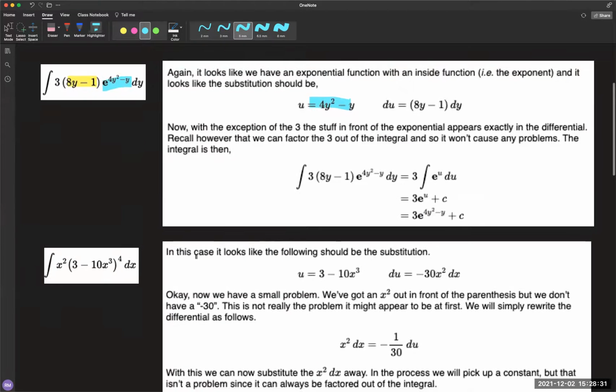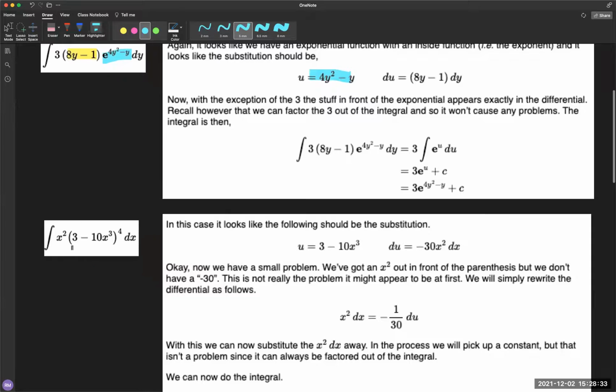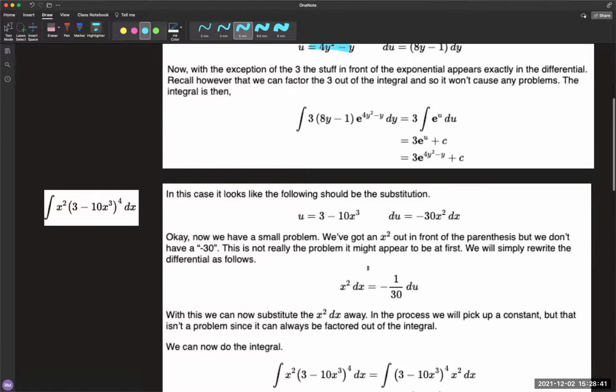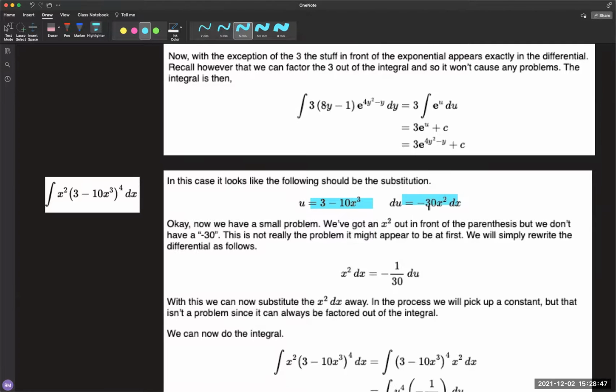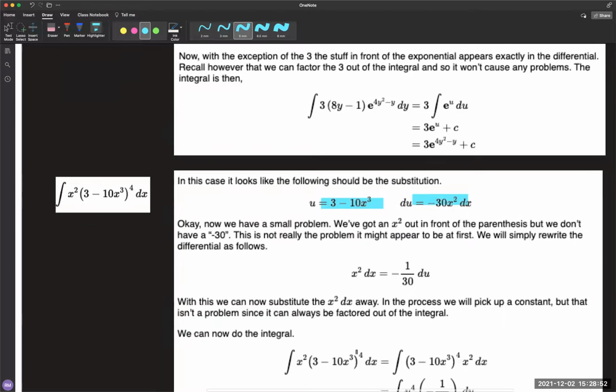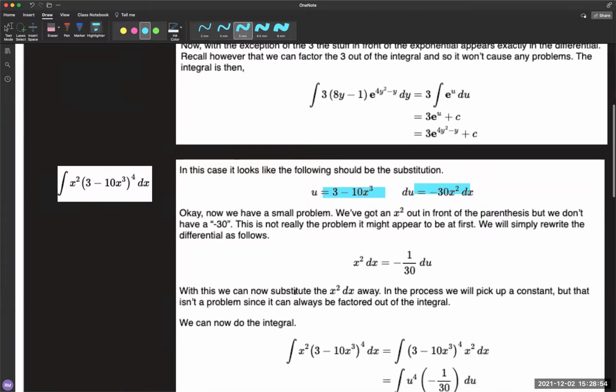Again, it looks pretty easy, right? Now that you see some, here's another one. This is similar to the one we saw earlier. You could expand this and then distribute and then integrate. That may be, but in this case, I see the derivative of this turns out to be this, which, if you look carefully, negative 30 is not in here. So a subtle thing that has to happen is that when you rewrite this, I'm trying to rewrite x squared dx, right?